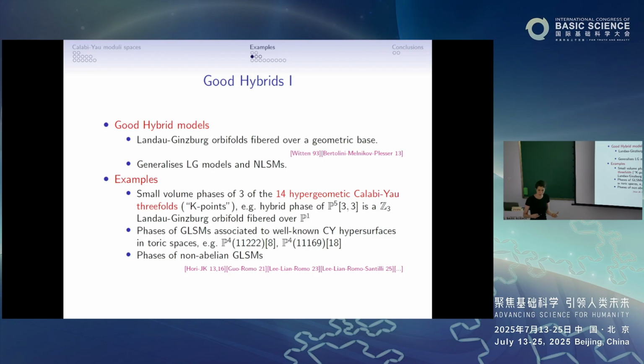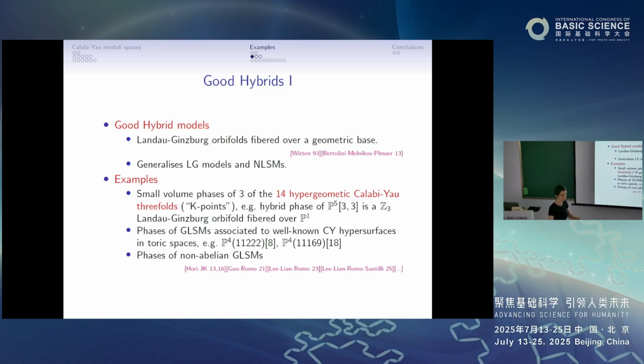So it looks like a Landau-Ginzburg model, except that the base of the Landau-Ginzburg model is not a point, but a geometry, defined by the non-Calabi-Yau vacuum manifold. Yes, it's a holomorphic function. It's complex.